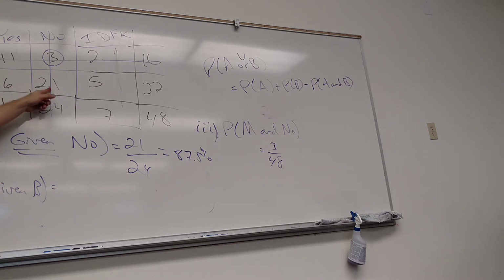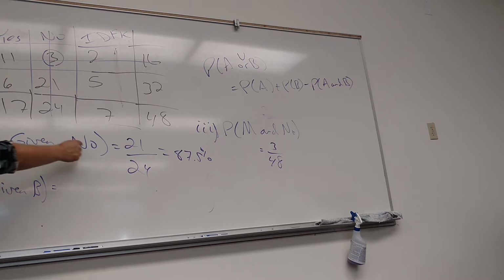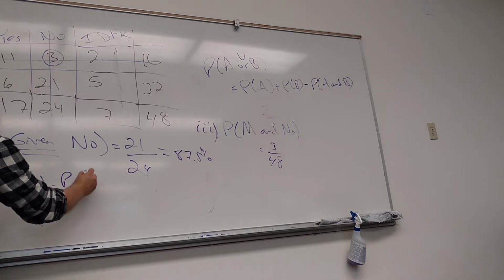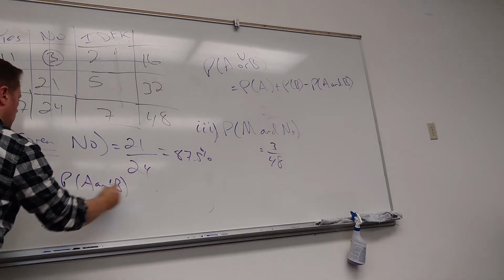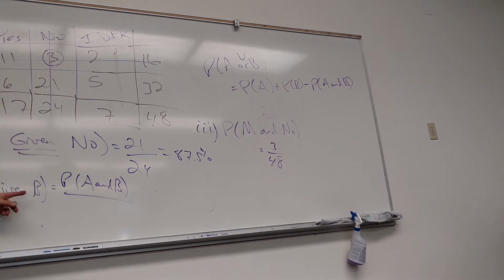They had to be women that also said no. So the women and no. You with me? Because why does that make sense? Given they said no, the only way a woman could have happened is if they were a woman who said no, right? So on the top is going to go the probability of A and B, and what goes on the bottom is the probability of B.